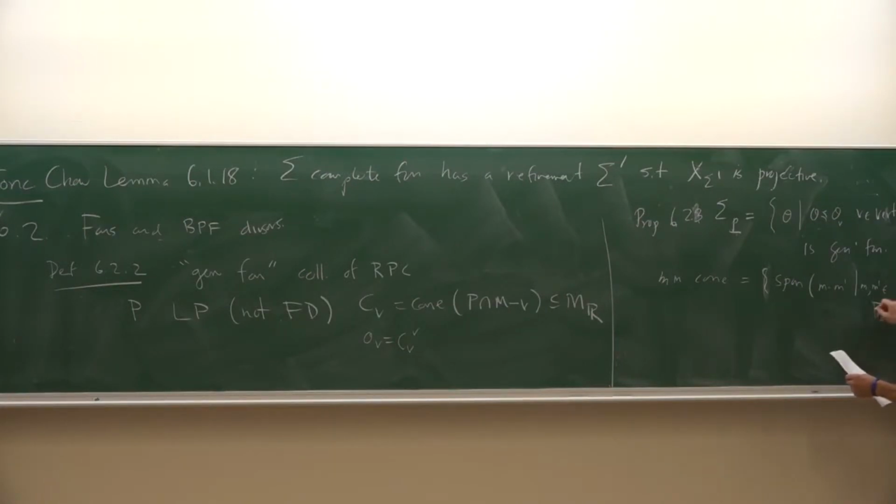And this is a fan if and only if it's a full dimensional lattice polytope. Fan meaning strongly convex rational polyhedral fan.